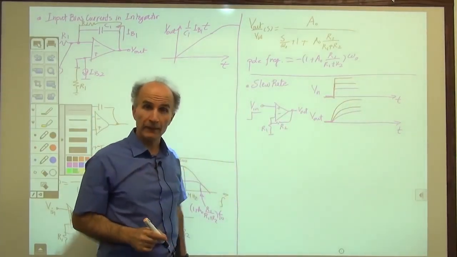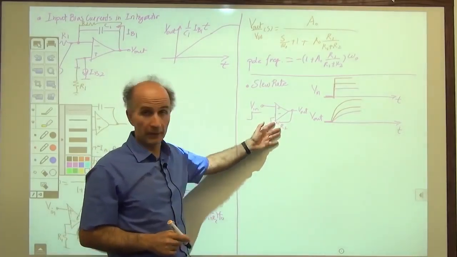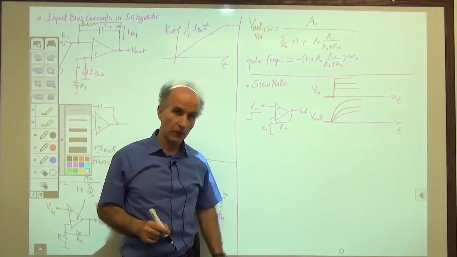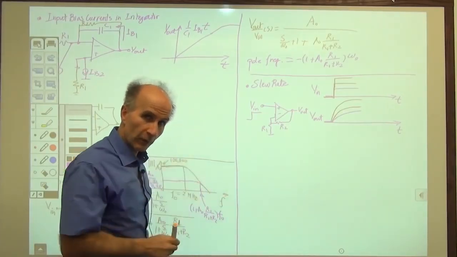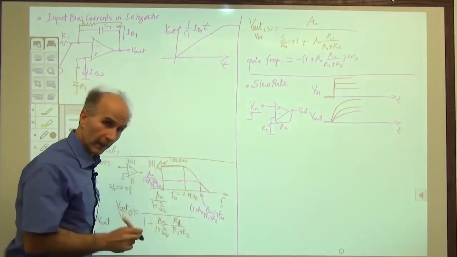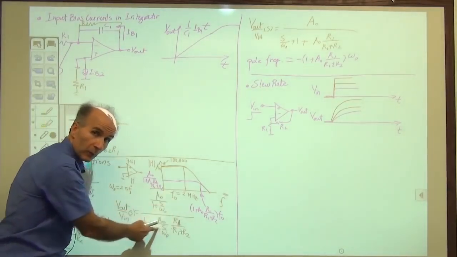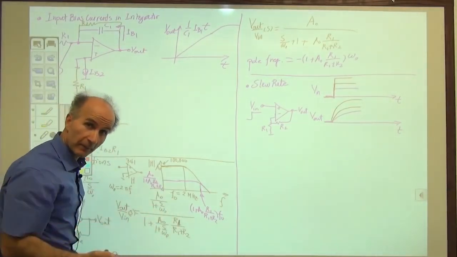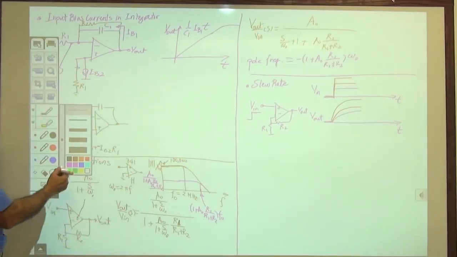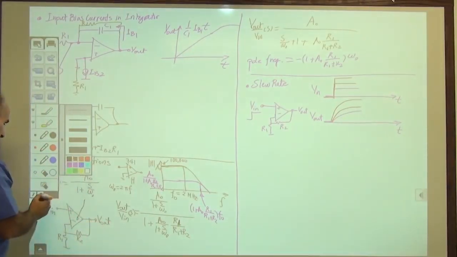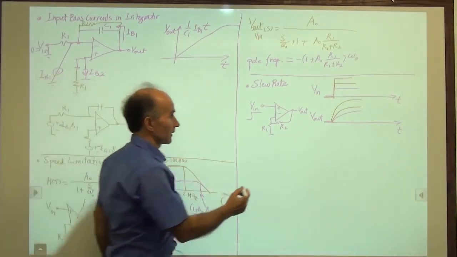Okay, but if we perform this experiment on a real op-amp, we see that it's not quite like that. Something strange happens. So let me draw these waveforms again, this time with a real op-amp, which is not just limited by this type of one-pole response, but by some other mechanism as well. So let's change the color of our pen and see what we can do here.